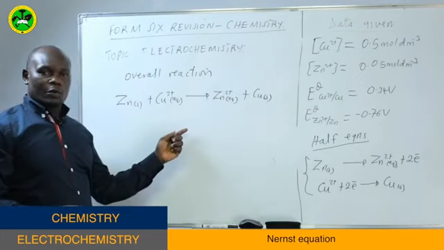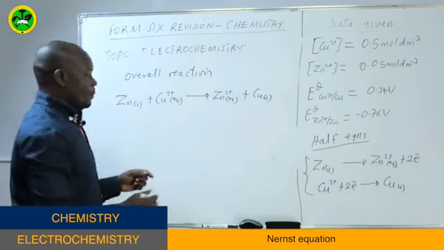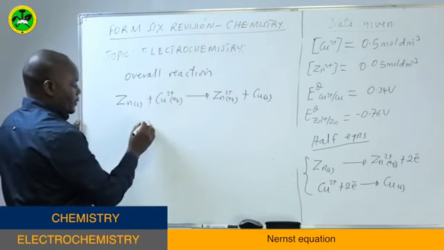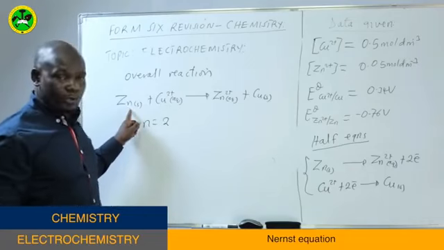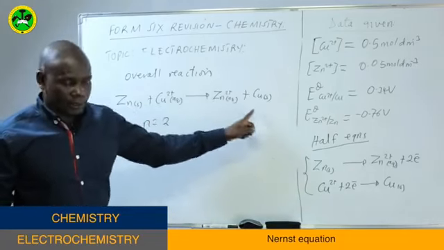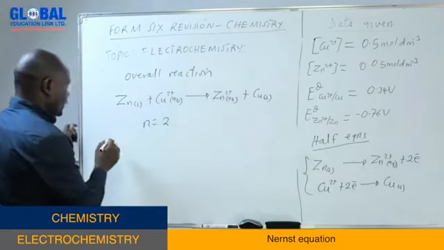That is our overall reaction equation. Now, n is equal to 2, and we know that zinc has undergone oxidation, and copper has undergone reduction.